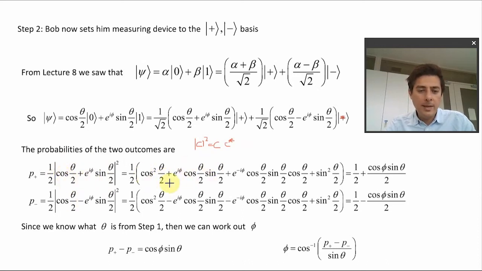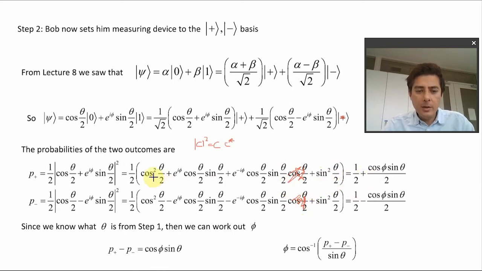This term will be the cross term of this cosine theta over 2 with the complex conjugate, which has a minus sign here. And so you will get this term here. Sorry, there's another typo here. So this term is not there. And finally, we've got the square of this term here. Okay. So we'll get this sine squared theta over 2. That's another typo here.